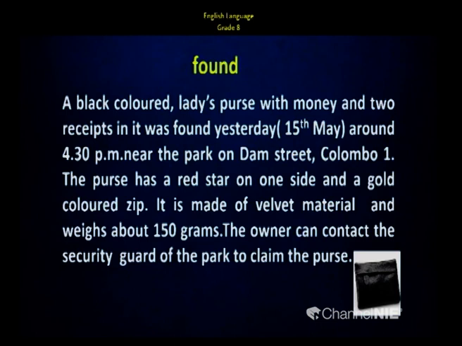The purse has a red star on one side and a gold-colored zip. It is made of velvet material and weighs about 150 grams. The owner can contact the security guard of the park to claim the purse.